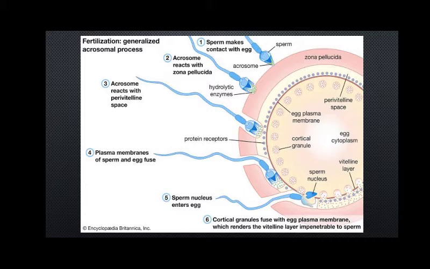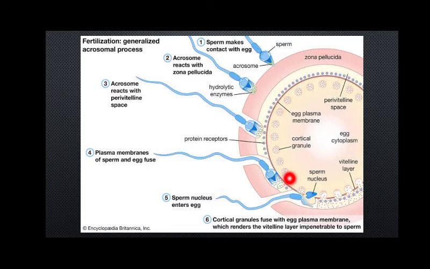Also, there is something called the zonalysin that is also present. The zonalysin is responsible for dissolving the zona pellucida layer. Once it keeps on penetrating that, it will move further down inside and reach the perivitelline space. This is the last layer that is there.